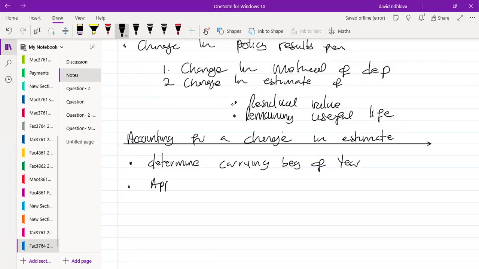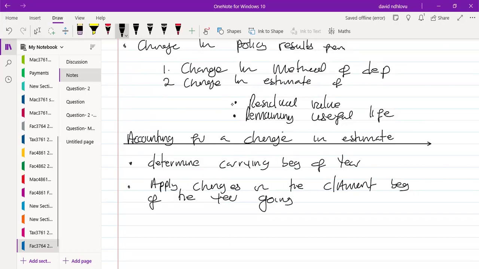Then you apply the changes on the carrying amount at the beginning of the year, going forward. This is called a prospective adjustment, which means from the beginning of the year going forward.